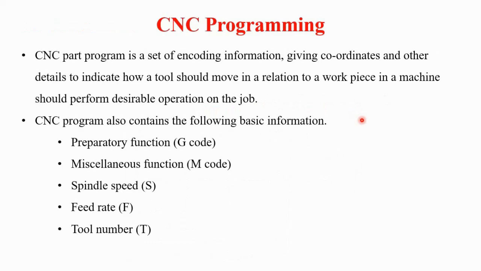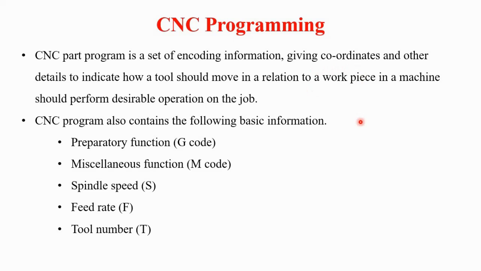Then CNC programming. A CNC part program is a set of encoded information, giving coordinates and other details to indicate how a tool should move in relation to a workpiece, and how the machine should perform desirable operations on the job.